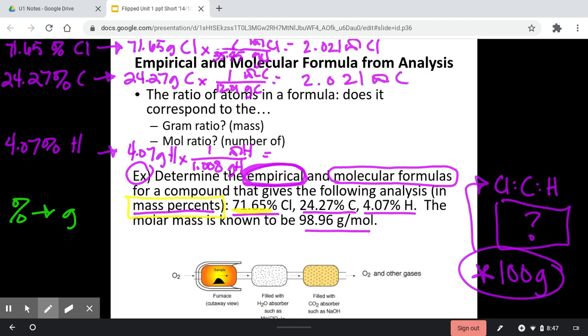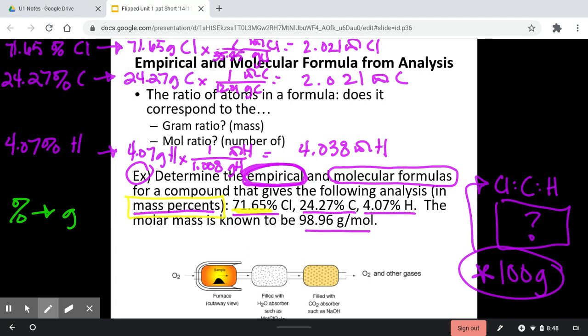All right, 24.27 divided by 12.01, and I get 2.021 moles of carbon. And then 4.07 divided by 1.008, and I get 4.038 moles of hydrogen.